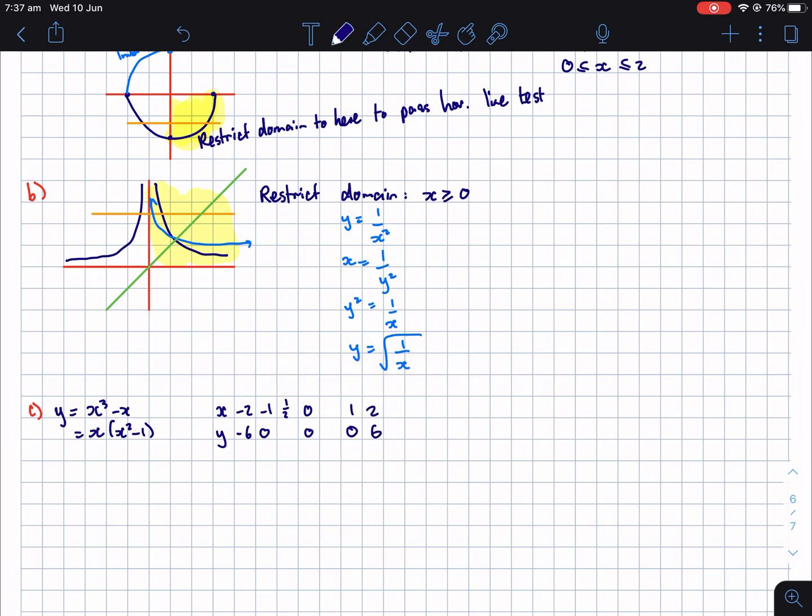So if I do a half, then I've got a half outside of quarter take 1. Oh, that should have been negative half.